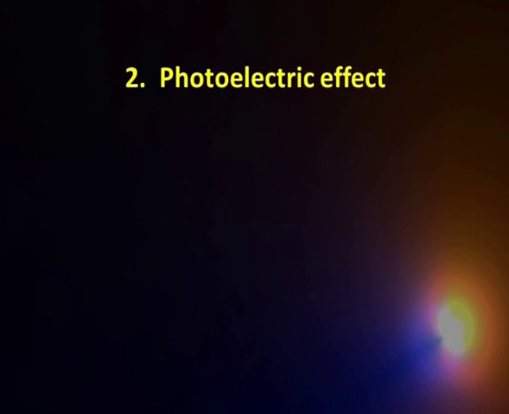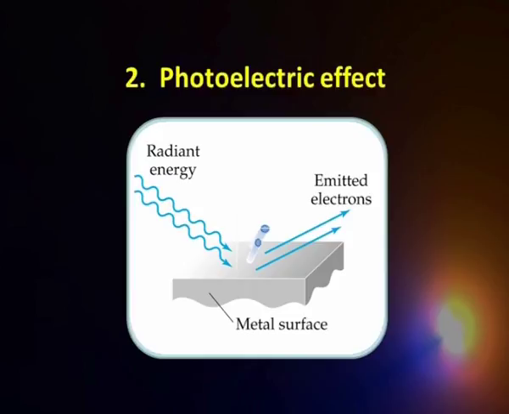Now let's move on to the second experiment I mentioned earlier, which I want to take up for today, that is the photoelectric effect. Another very important experiment which posed a serious challenge to classical mechanics. The experiment is as follows. Suppose I take a soft metal like cesium and throw some light on it.